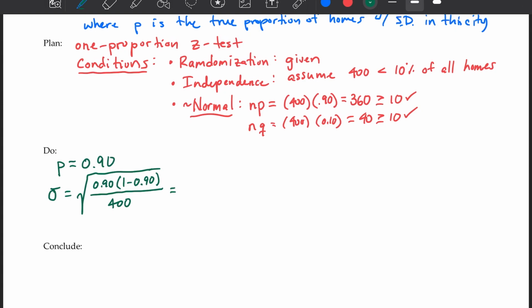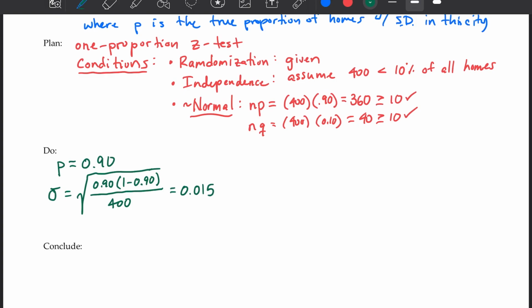So when we calculate that out, we get about 0.015. If you wanted to actually calculate it out, you can do that. But there you have it. So that is our center. That is our standard deviation there.